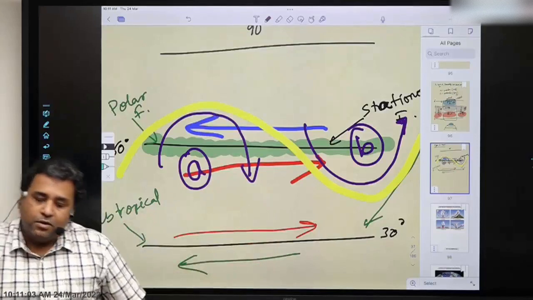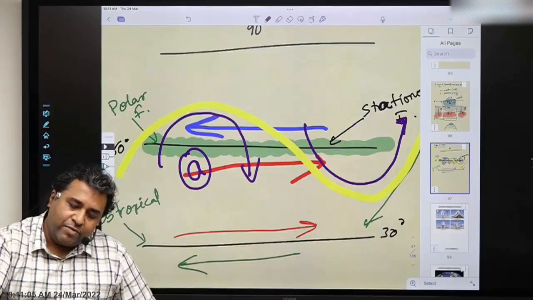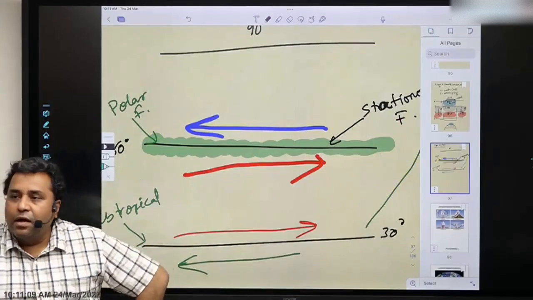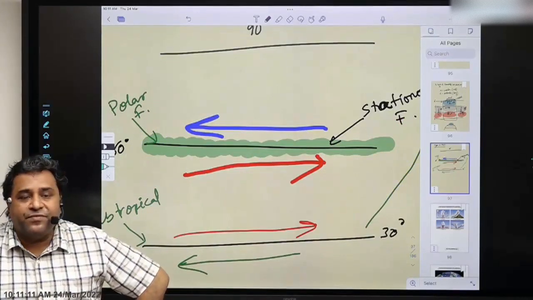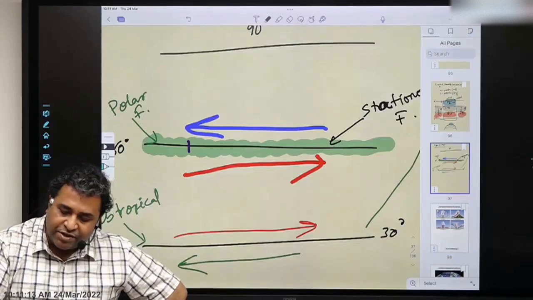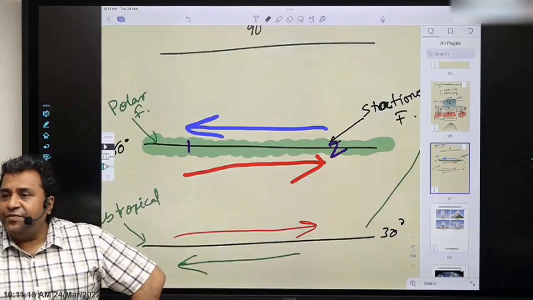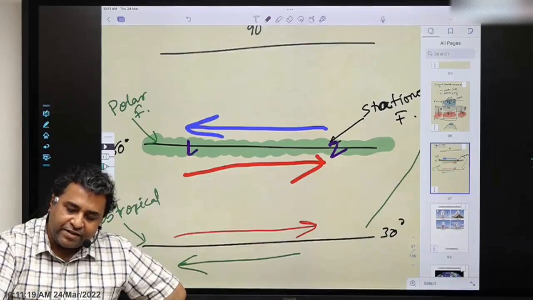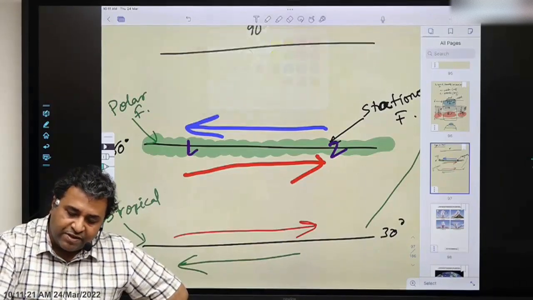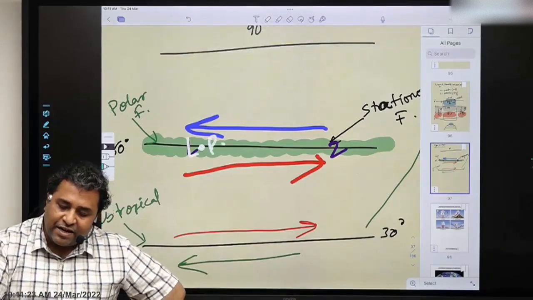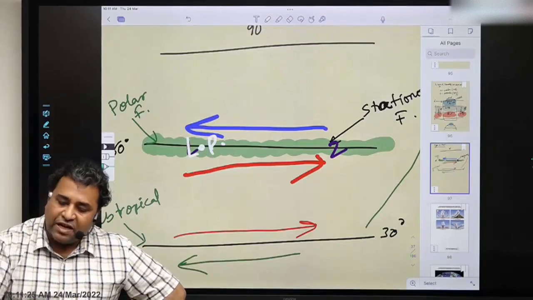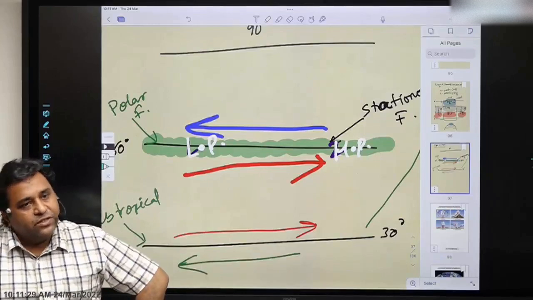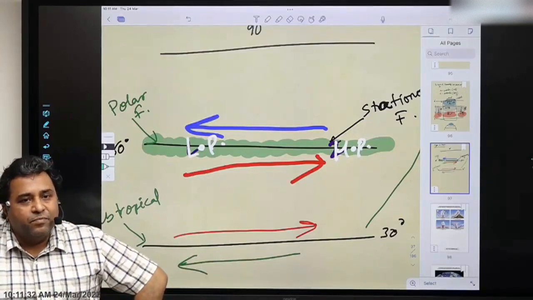Sure? Okay. So now I remove the jet stream, I don't need it. Give me the pressure on the surface at location 1 and location 2. Location 1 surface pressure, low pressure. So at the surface I have a low pressure here, and at another place I have high pressure on the surface. Is this okay? Agreed?